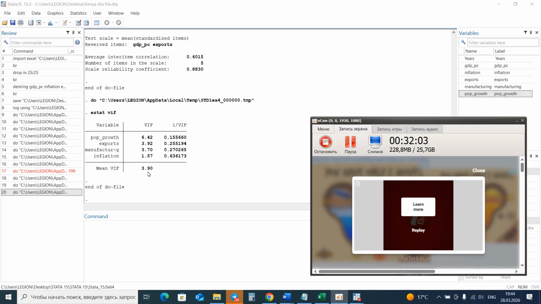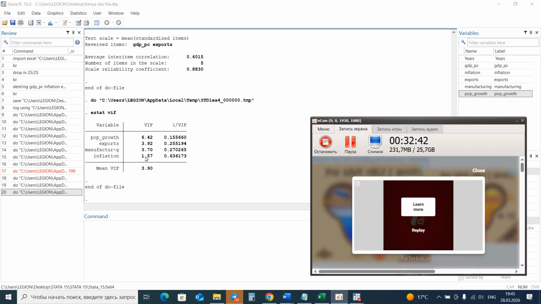VIF measures how much the variance of a coefficient is increased due to correlation with other variables. If the VIF value is 1, it means no correlation, as with inflation, so it doesn't have any effect on other independent variables.